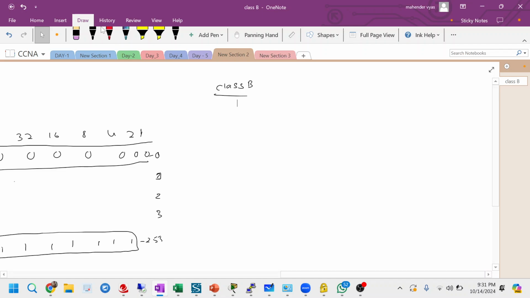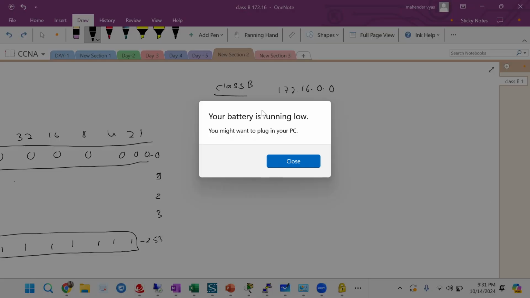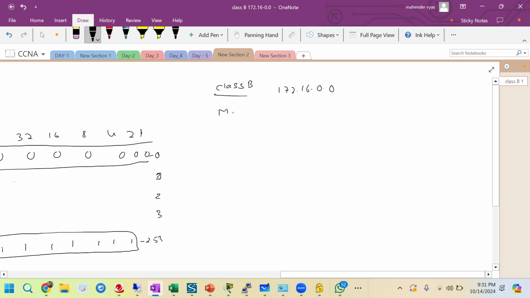The default for a class B address is 172.16.0.0, and the default subnet mask is 255.255.0.0.